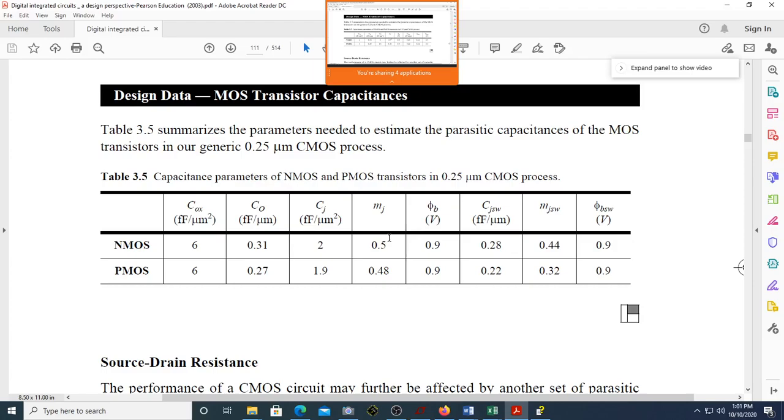We started with the MOS capacitor. Region of operations, inversion, depletion. Then we did how to write the schematic for a given Boolean expression, how to write the Euler's path, and then try to write the layout, correct?